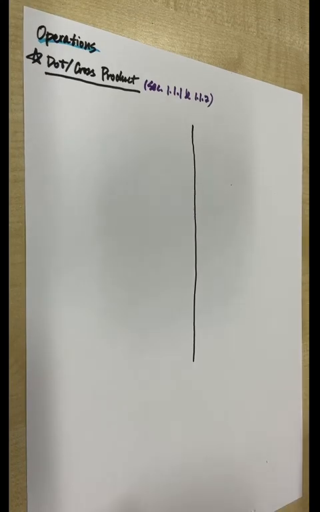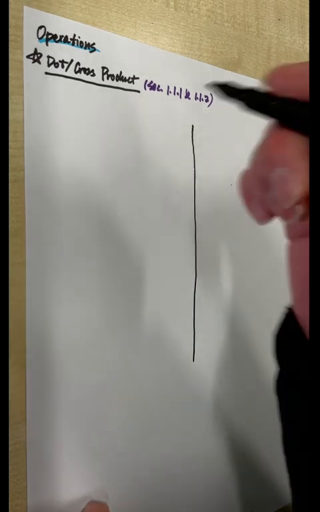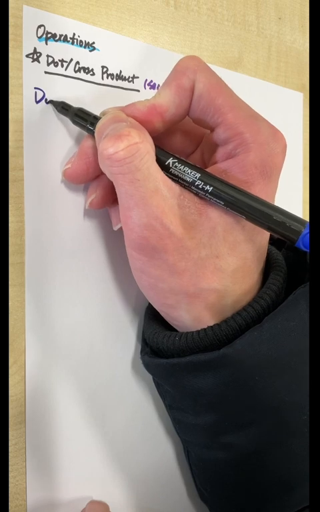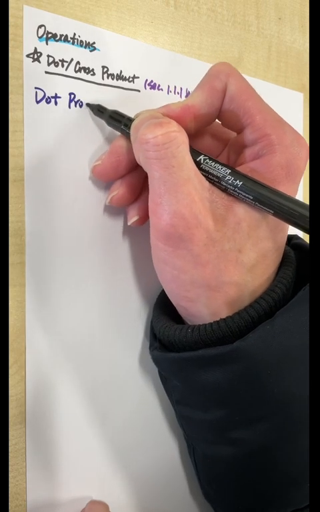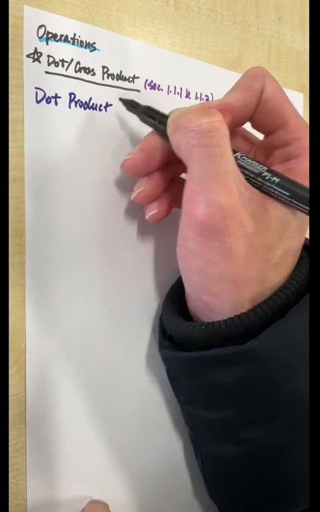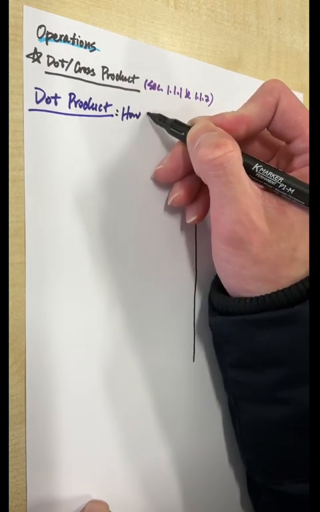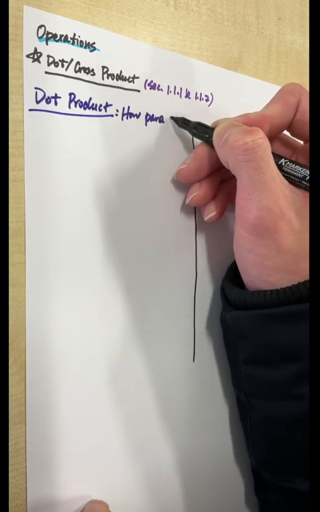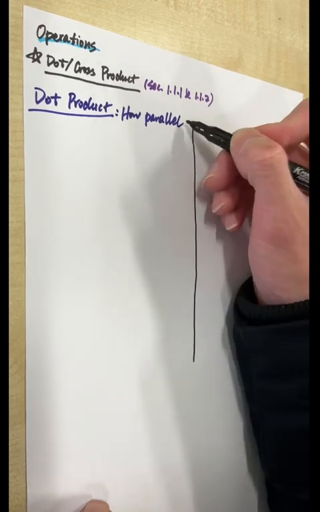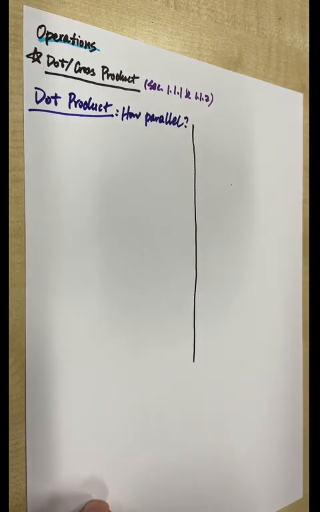Okay, so operations. The first pair of operations that are very important is dot and cross product. So dot product tells us how parallel two vectors are.